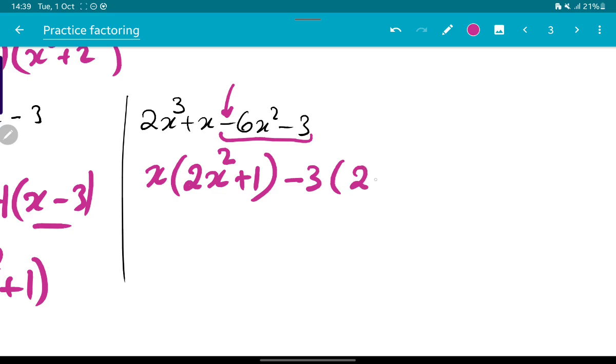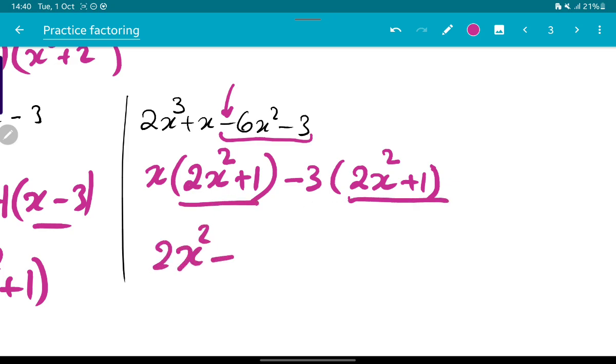Inside the bracket will be 2x squared, and this negative we divided to be negative outside and positive inside, because negative times positive is negative. Again, we can divide negative 6 by negative 3, the answer is 2. We can divide negative 3 by negative 3, the answer is positive 1, because negative and negative is positive. Now we have this group, 2x squared plus 1, and we have x minus 3.